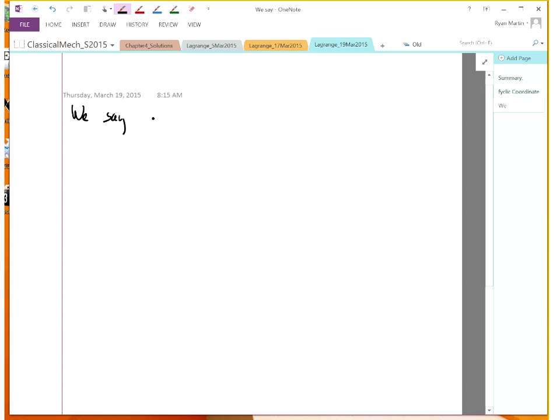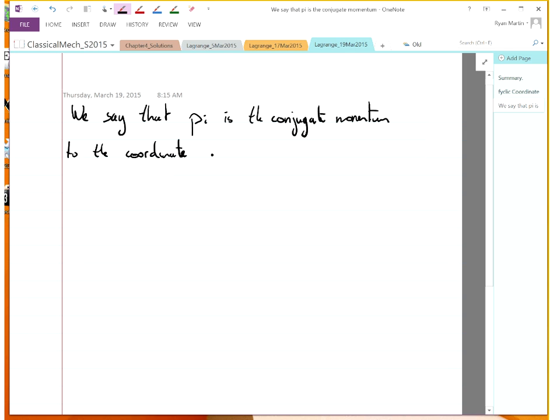We say that p_i is the conjugate momentum to the coordinate q_i.